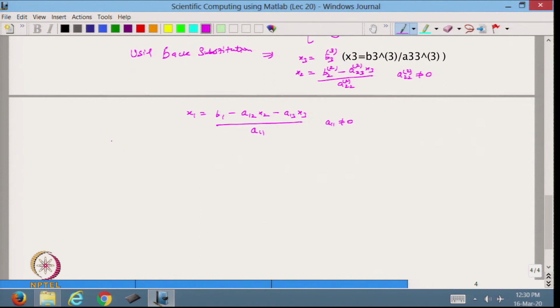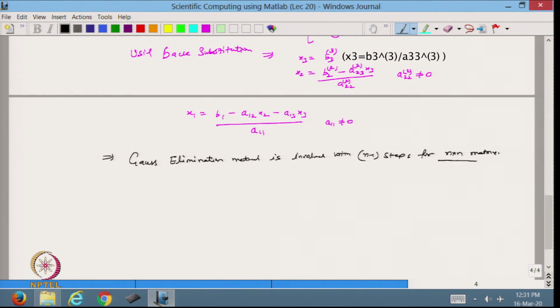So, the Gauss elimination method involves n minus 1 steps for an n cross n matrix, because in the previous one we had a 3 by 3 matrix, and within 2 steps we were able to solve it.